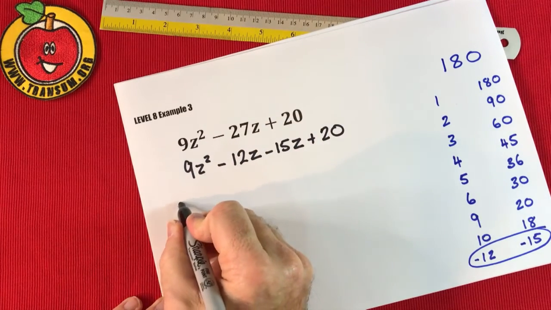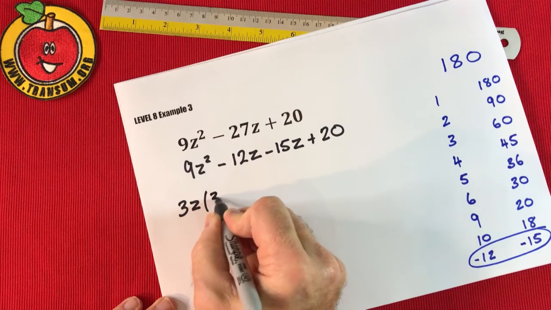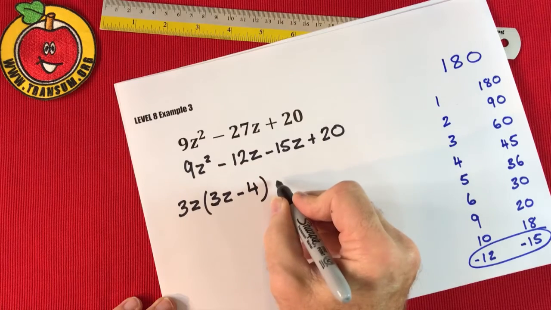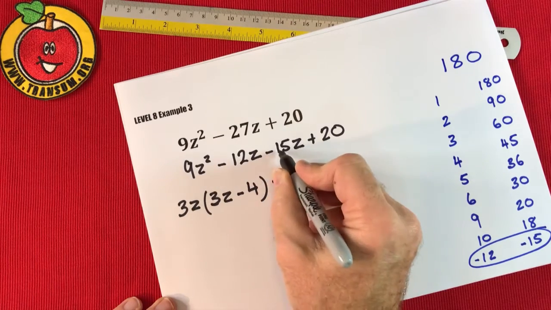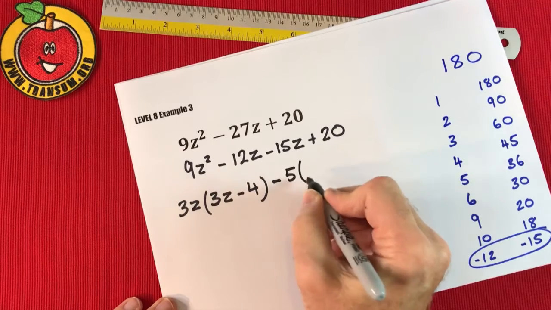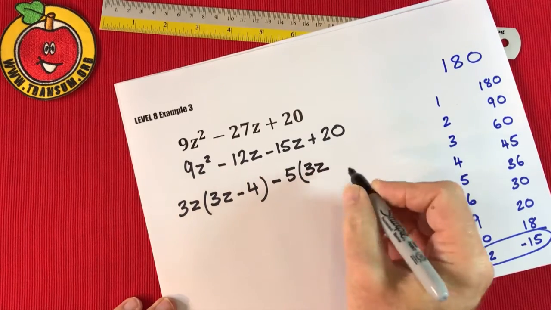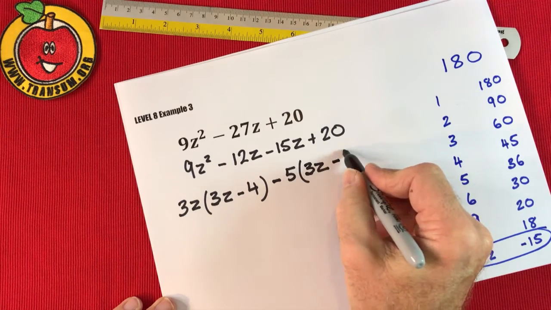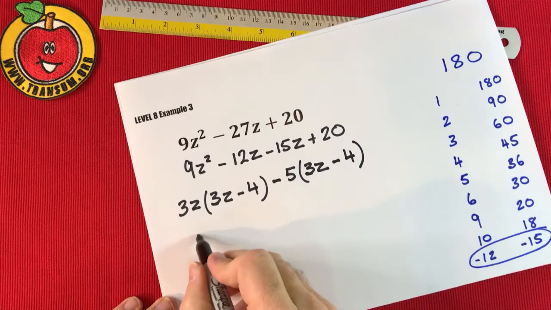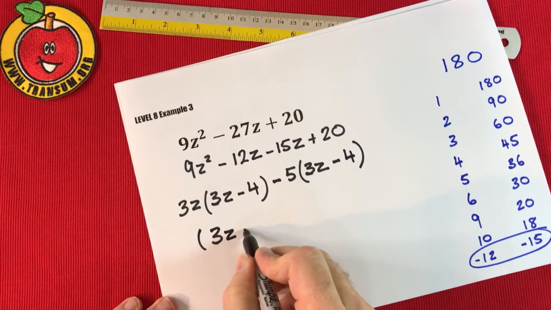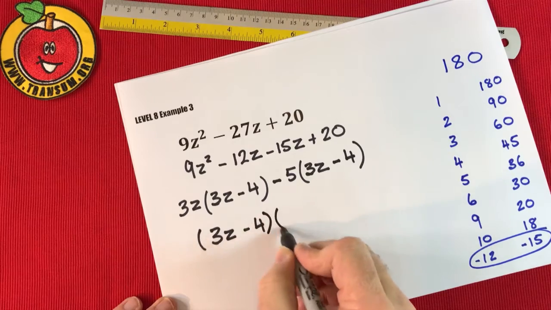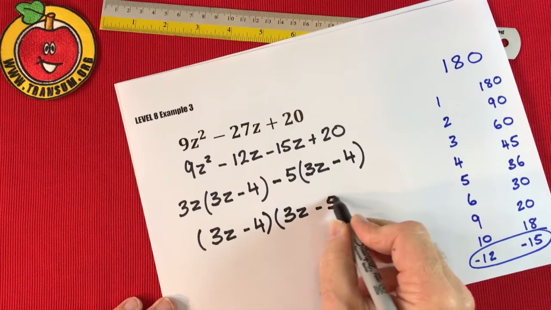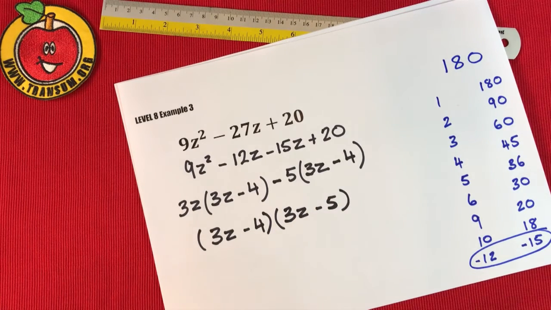Factorize the pairs, so we have 3z lots of 3z minus 4, and then let's take a factor of minus 5 out of here, which will leave me with 3z, and then if I divide the 20 by the negative 5, I'll get negative 4. Both brackets are the same. 3z minus 4, lots of the 3z minus 5. And that's the answer.